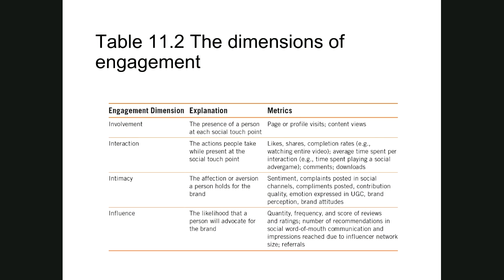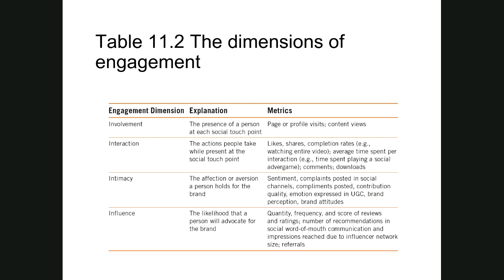And then it moves down to intimacy. Ooh, isn't that racy? And we can measure that by sentiment. So we can, positive comments, negative comments, complaints. They made a meme about us that was bad. They made a meme about us that was good. And then influence. So the number of recommendations in word of mouth communication, because an influencer really got excited about our good or service.